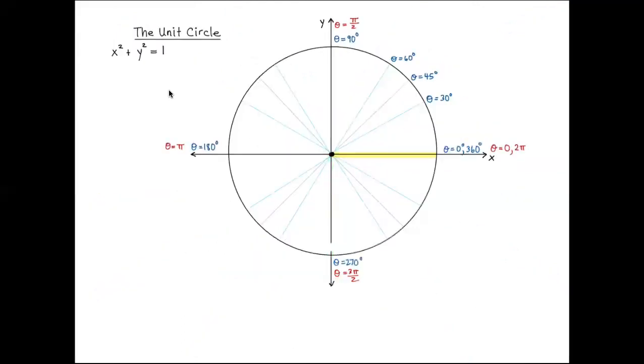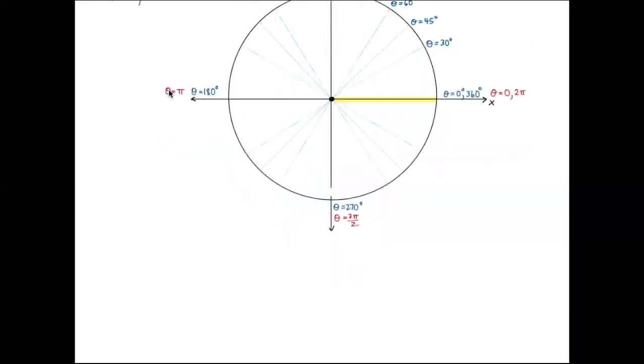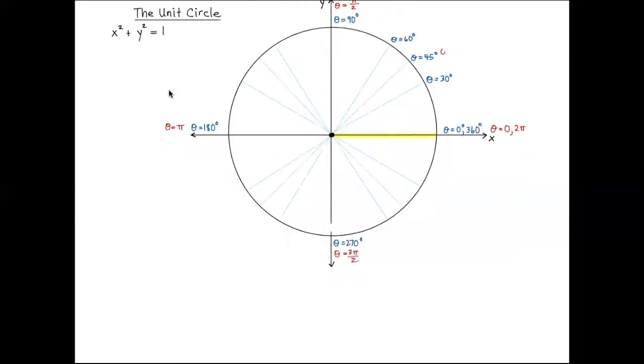If I wanted to go here to 45 degrees, remember that this angle here is pi over 2, or 1/2 pi. Half of pi over 2, dividing by 2, gives me pi over 4. So let me go in and label this angle here as pi over 4.